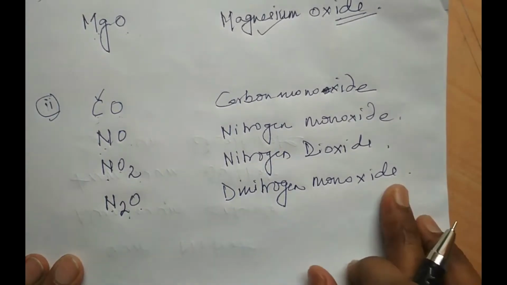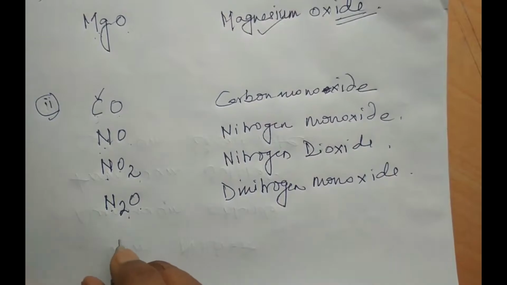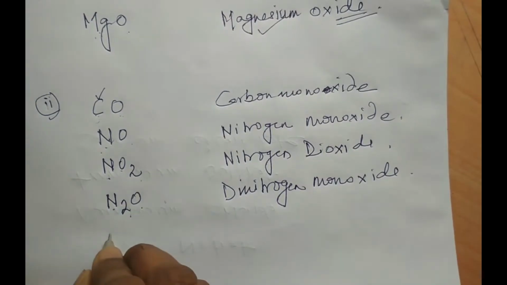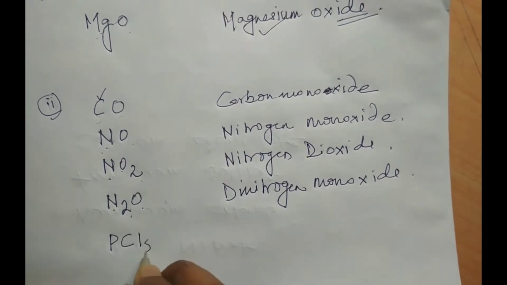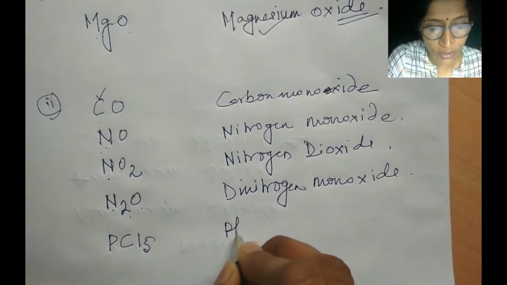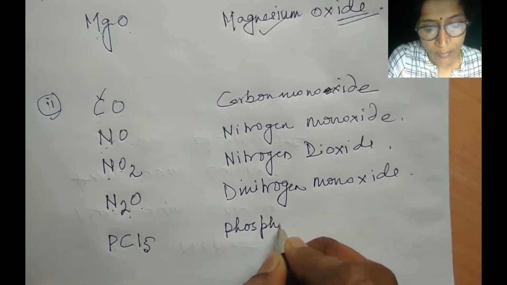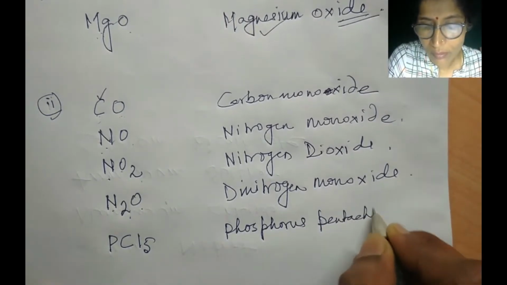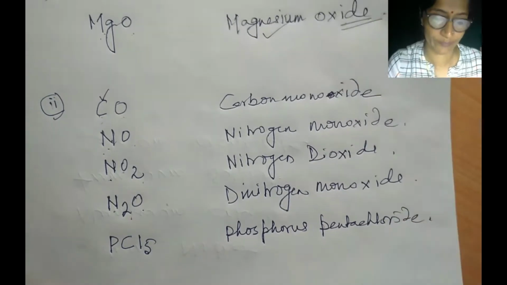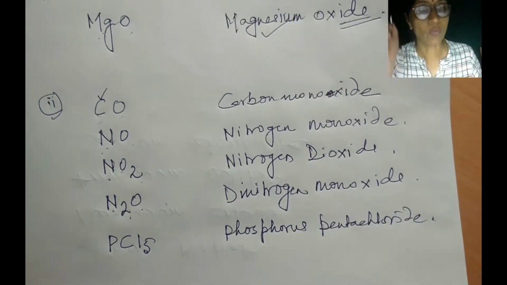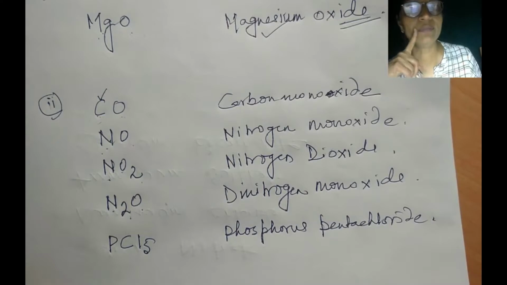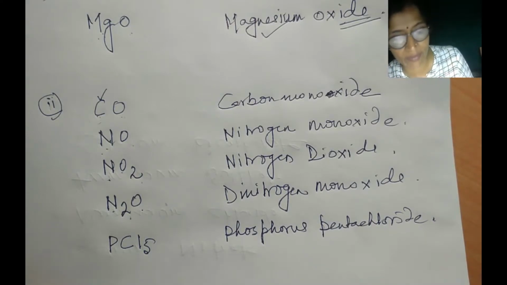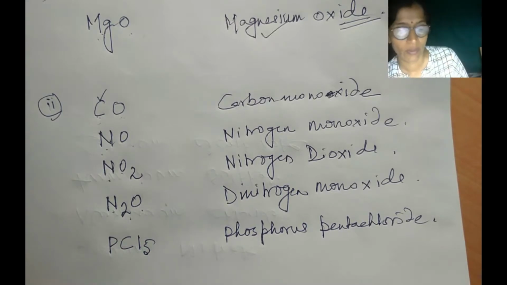The next is, suppose it is PCl5. Then it is phosphorus pentachloride. So for one non-metallic element, when it is 1 atom, then it is mono. When it is 2, then we will write di. When 3, tri. 4, tetra. And when 5, then penta.